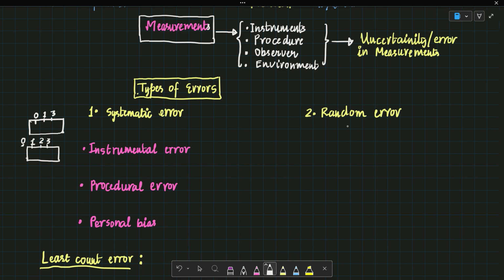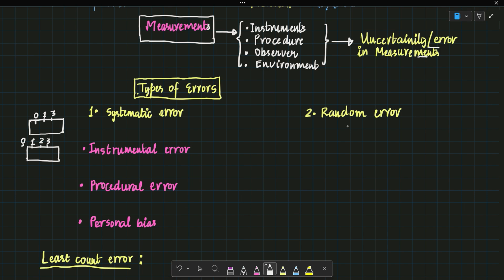That is, there will be an instrument, a procedure to take the measurement, and there will be an observer or a person who will be taking the reading, and then there is the environment under which this experiment is carried out. And because of these factors, there is uncertainty in the measurement, or there is error in the measurement.